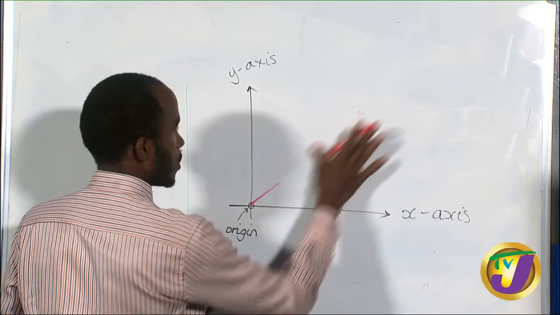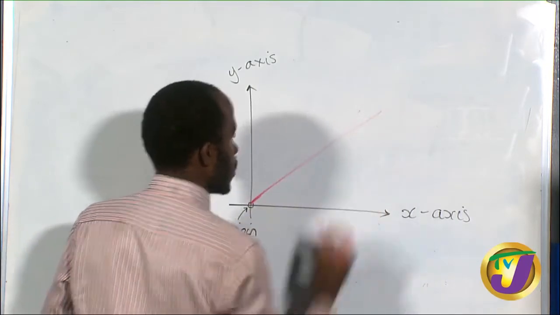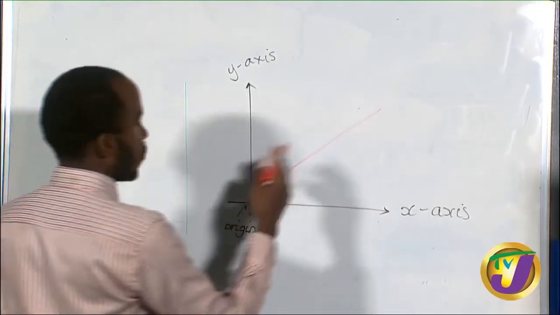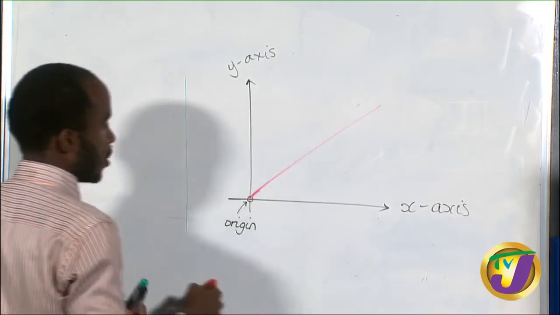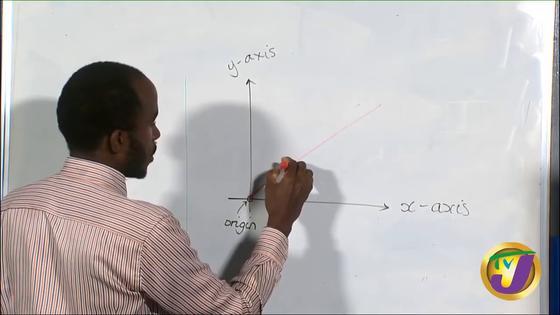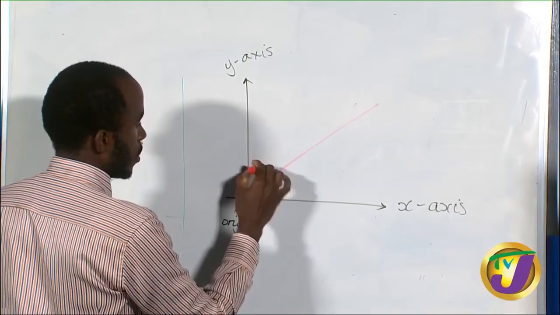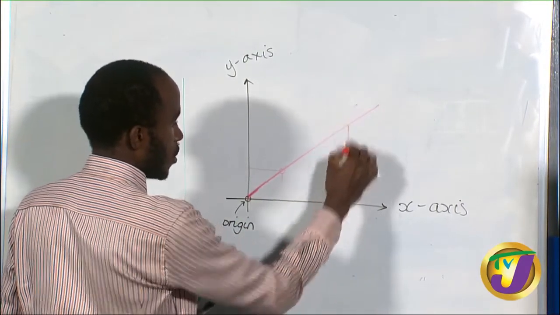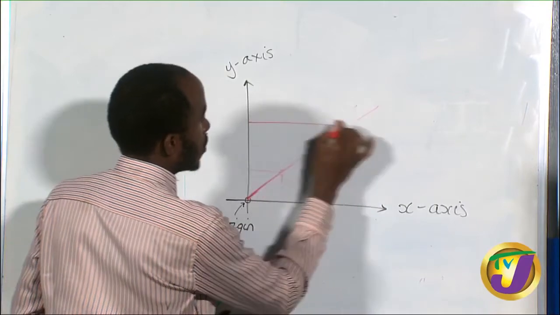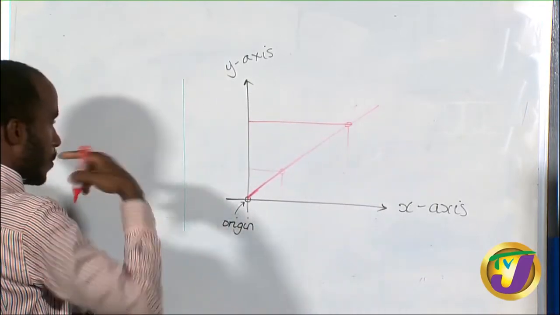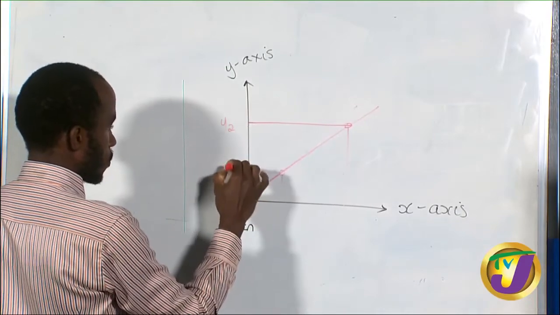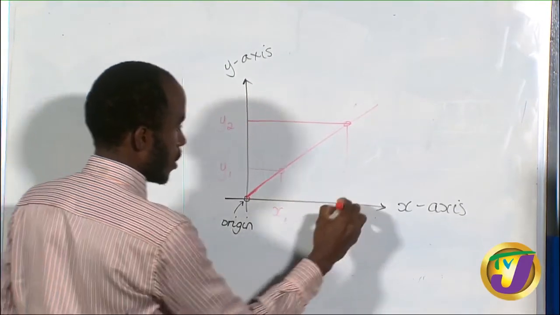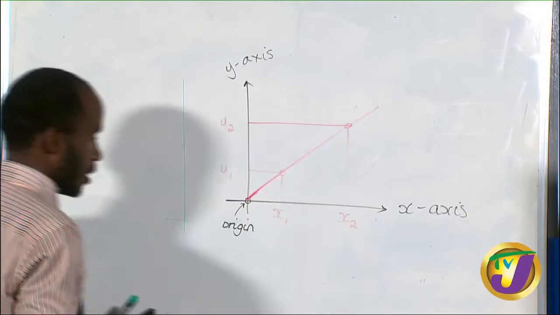Not the best straight line, but hey, you get the gist. Now, for you to find the gradient, there are two ways persons normally do this, but it boils down to the same thing. You take two random points, you go across, you go down, you go across, and you go down. Now, this being the y-axis, this is taken as y2, that's y1, that's x1, and that's x2.